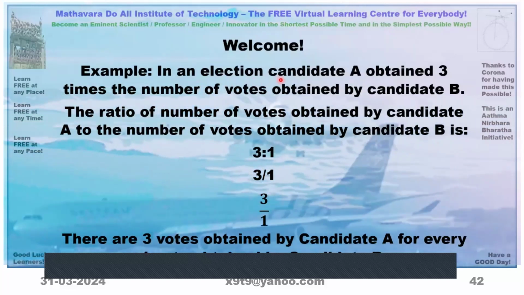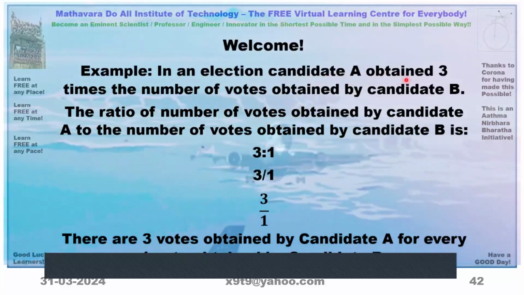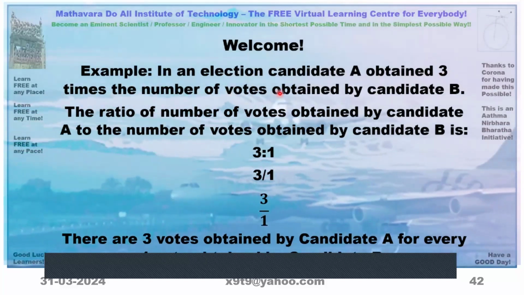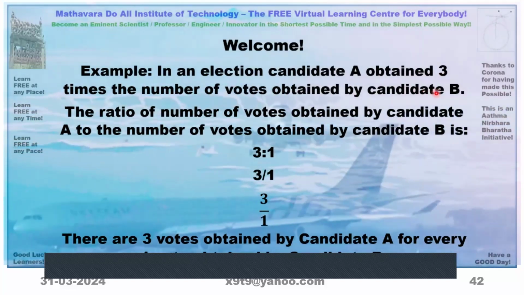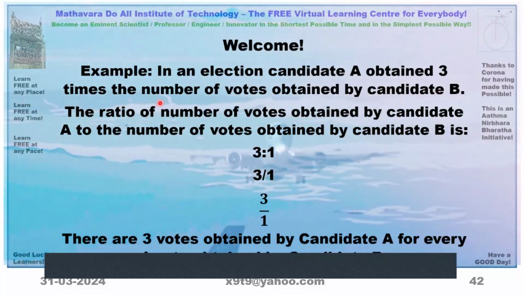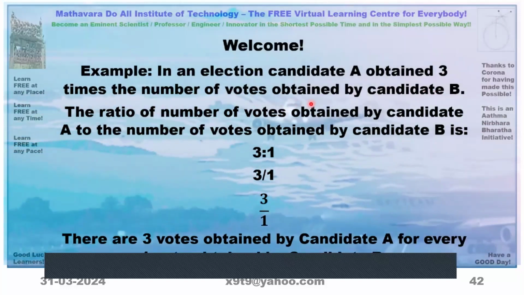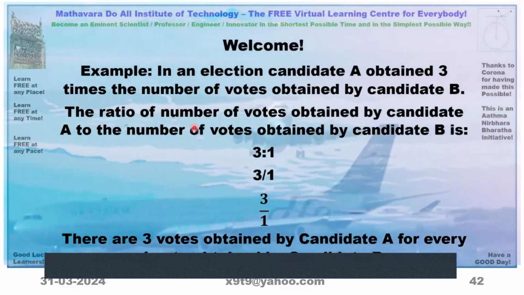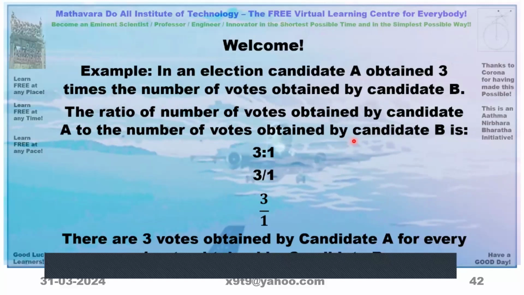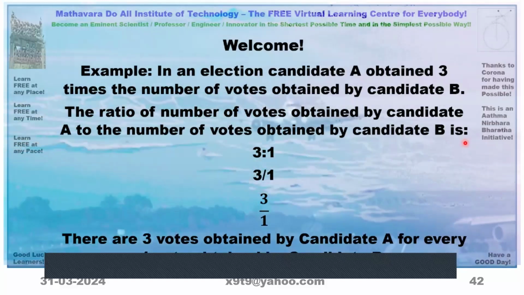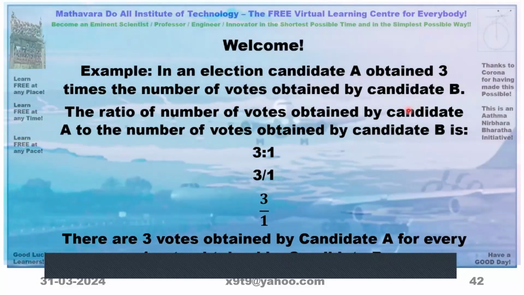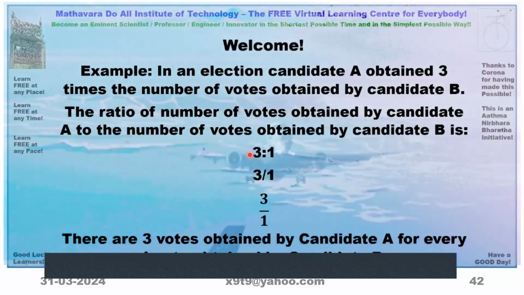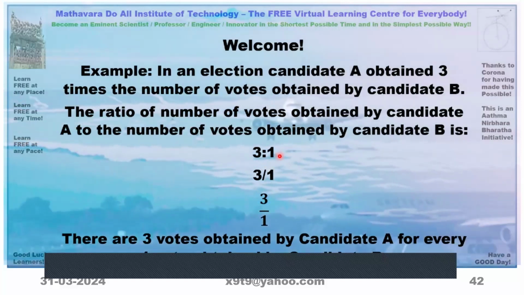In an election, candidate A obtained 3 times the number of votes obtained by candidate B. The ratio of the number of votes obtained by candidate A to the number of votes obtained by candidate B is: first in the order is candidate A, next is candidate B. So this is 3:1.